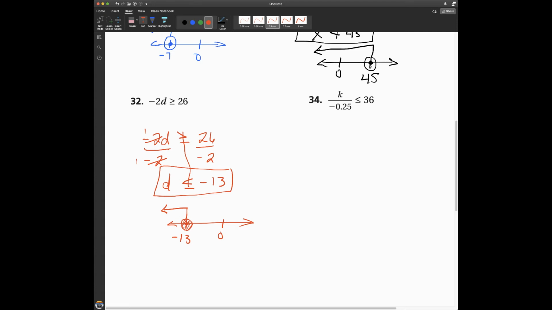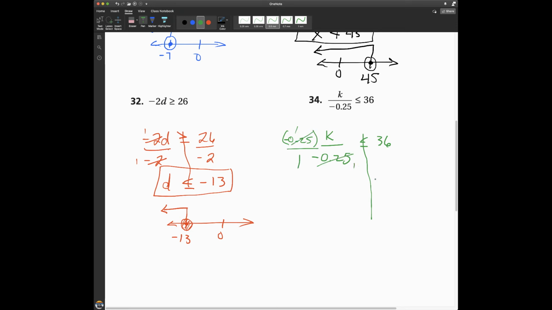All right, and number 34. One more to go. k divided by negative 0.25, or 0 and 25 hundredths, is less than or equal to 36. What do I do? Well, I multiply this side by negative 0.25. I'll put it over 1 so I can see that cancellation.